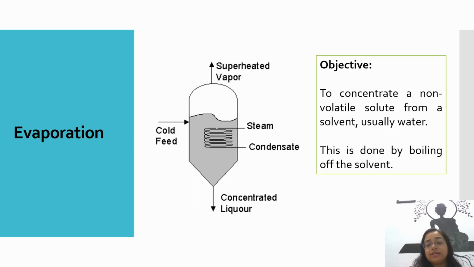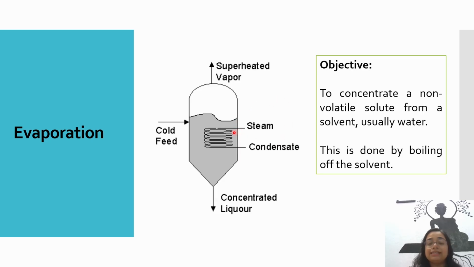So evaporation is basically done to concentrate any non-volatile solute from a solution mixture, specifically if water is present as the solvent. From the diagram itself you can see we are feeding cold feed, and we are introducing steam. Why is steam used here?